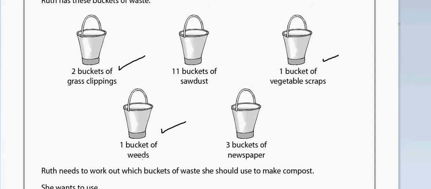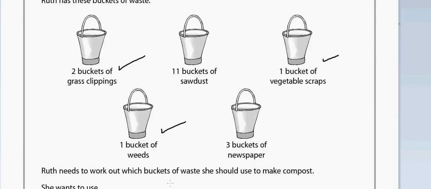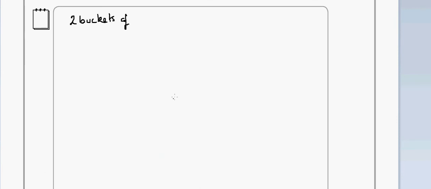Okay, so we can say that she has 2 buckets of, now sorry, I'm going to have to keep diving backwards and forwards. So this would be grass clippings.